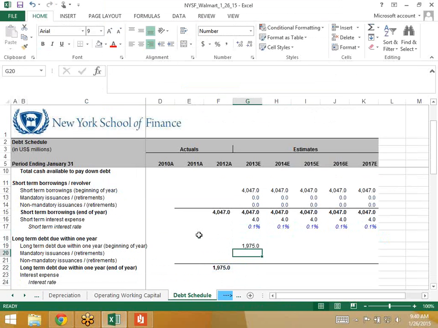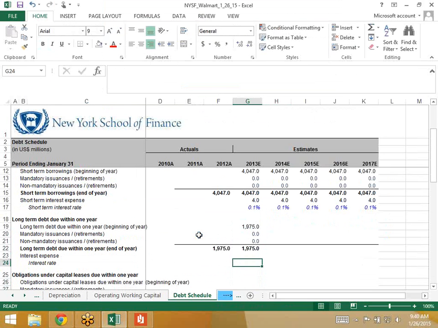Let's assume issuances and retirements are 0 for now. And we'll add everything up. Real straightforward. I guess you can copy this to the right if you choose.